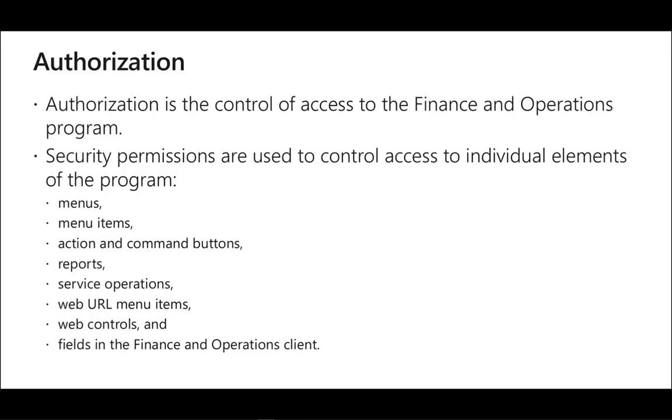Dynamics 365 Finance and Operations uses context-based security to determine access to securable objects. When a privilege is associated with an entry point, such as a menu item or a service operation, a level of access such as read or delete is specified.